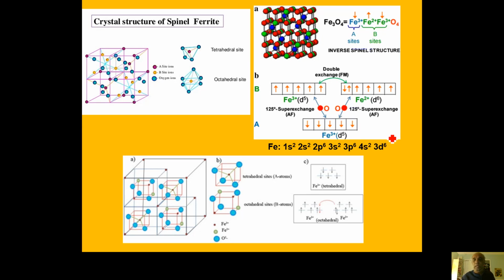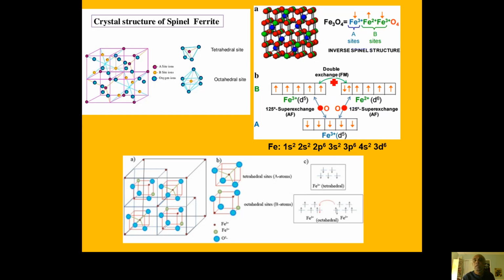Since this iron has 3d6, if you get the Fe2+ structure, that means you lose 2 electrons, but those are 4s2 electrons. That means you still have all 6 d electrons: 1, 2, 3, 4, 5, 6.